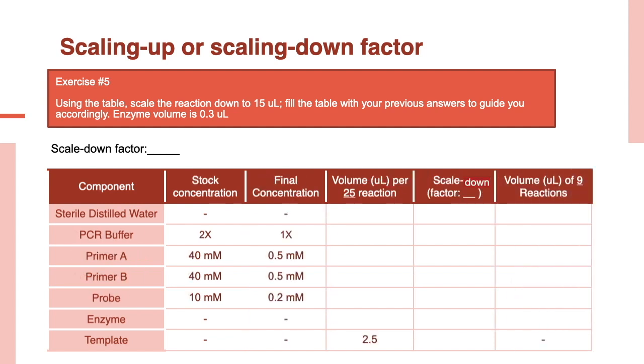Let us now compute for the volume in microliters per 25 microliter reaction. To get this, we need to divide the stock concentration by the final concentration, and the answer should be multiplied by the 25.